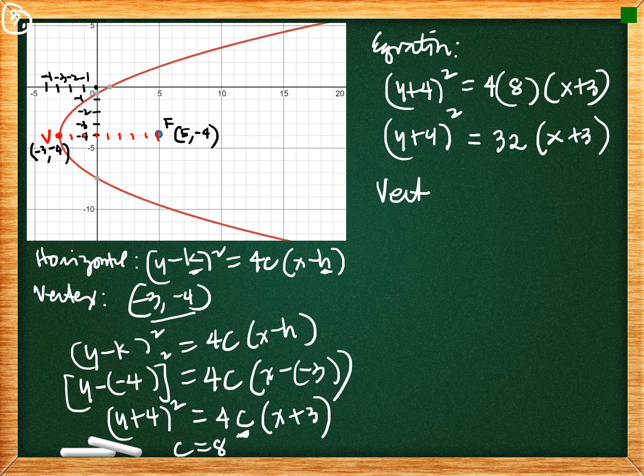The vertex is at (-3, -4), and the value of c is positive 8. So from -3 to 5, that's positive 8. And so that's it. That's how we're going to work on problems involving parabolas and their properties given its graph.